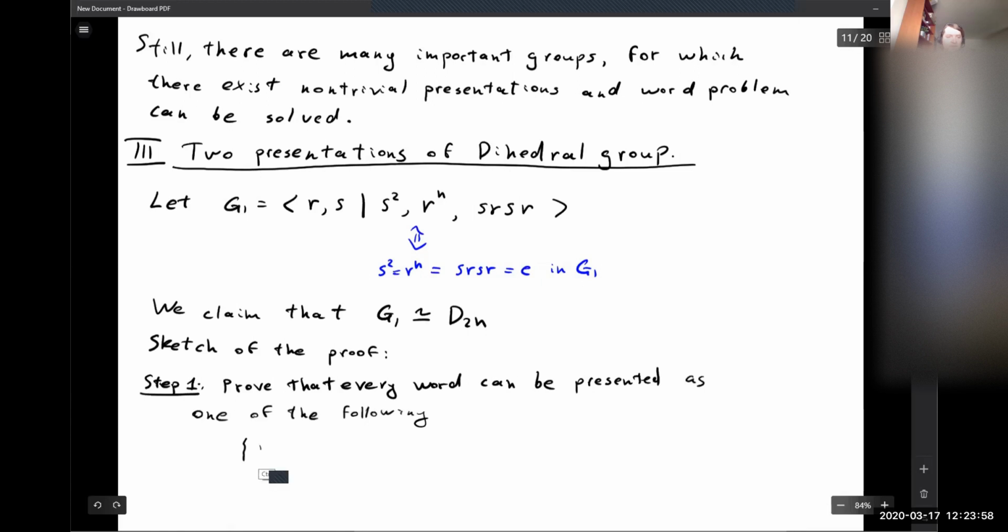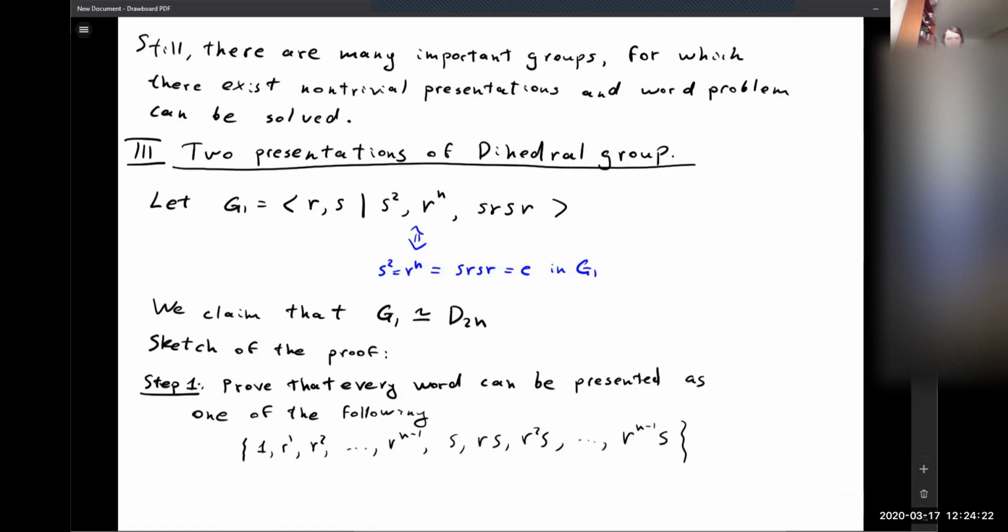It must be either an empty word, or some power of R, R squared all the way to R^(n-1), or it can be S, RS, R squared S, all the way to R^(n-1) S.